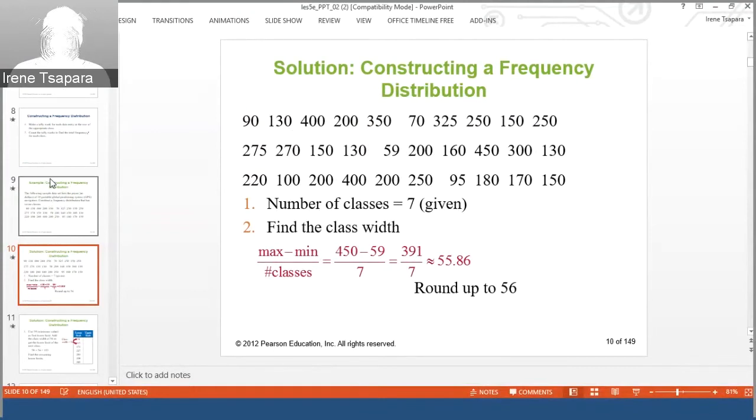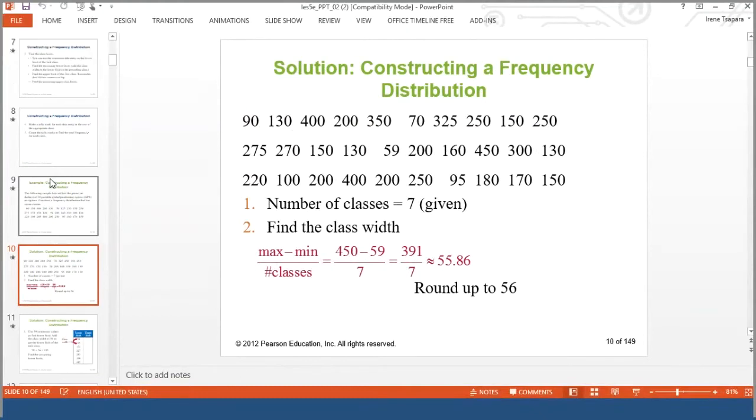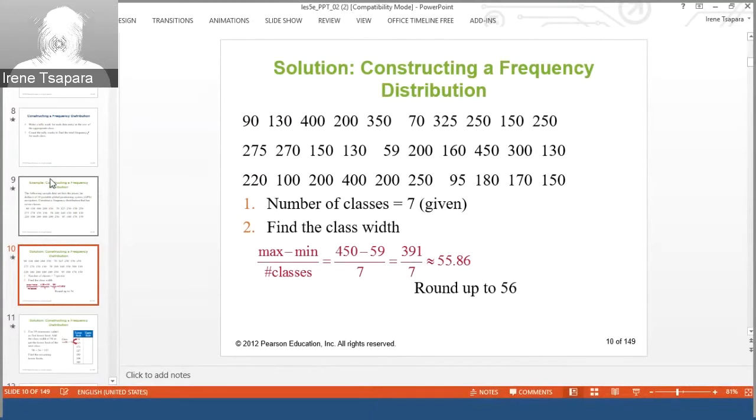Well, there is a very good reason actually, and I don't know if you are aware of that. 7 is a number that, when we don't have any other reasons limiting how we want to divide our classes, is a good number. Why?